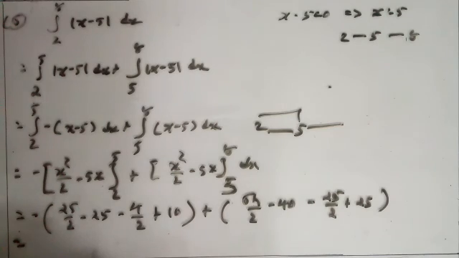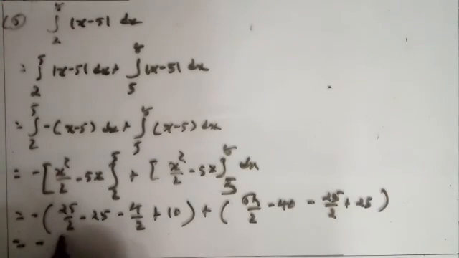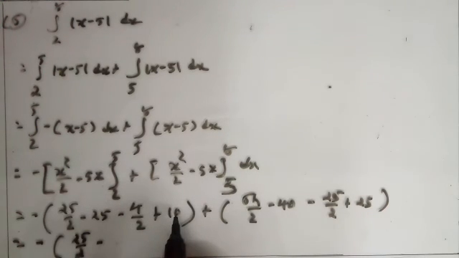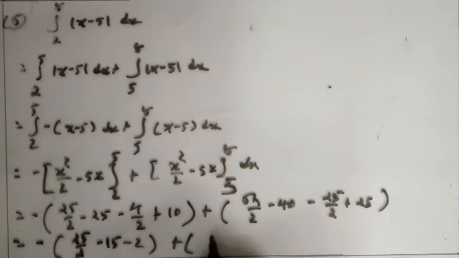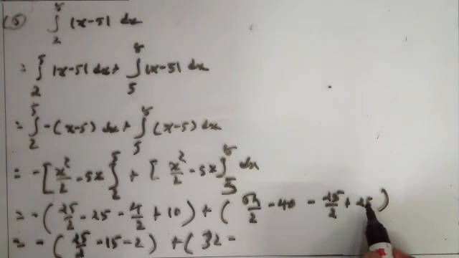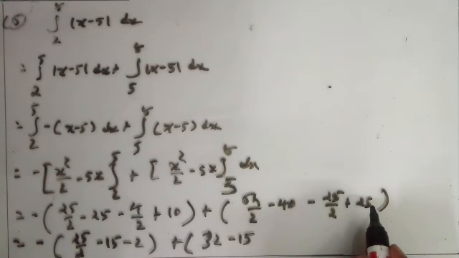So now simplify this. Here minus 25 upon 2 minus 25 plus 10 becomes minus 15. Here minus 4 upon 2 becomes minus 2, plus here 64 upon 2 is equal to 32 minus 40 plus 25 becomes minus 15. Clear?